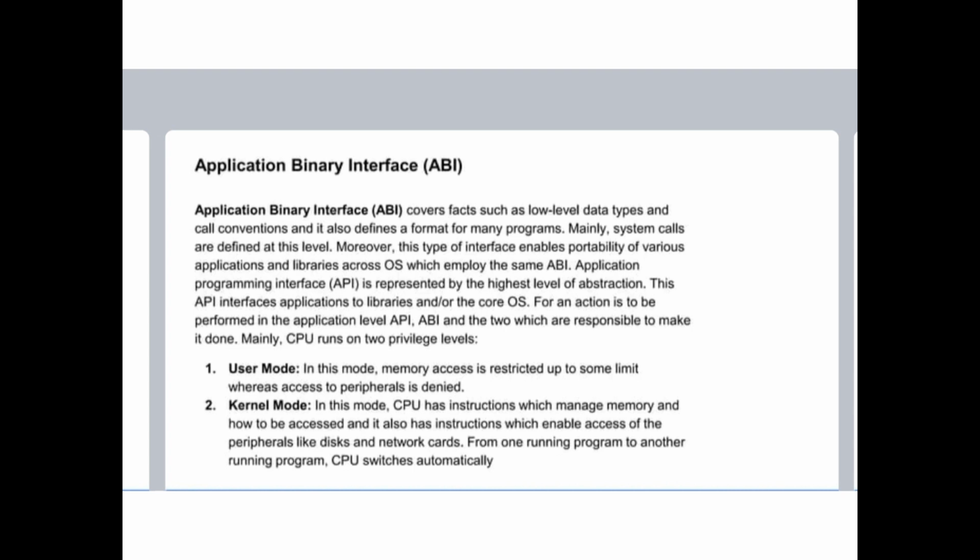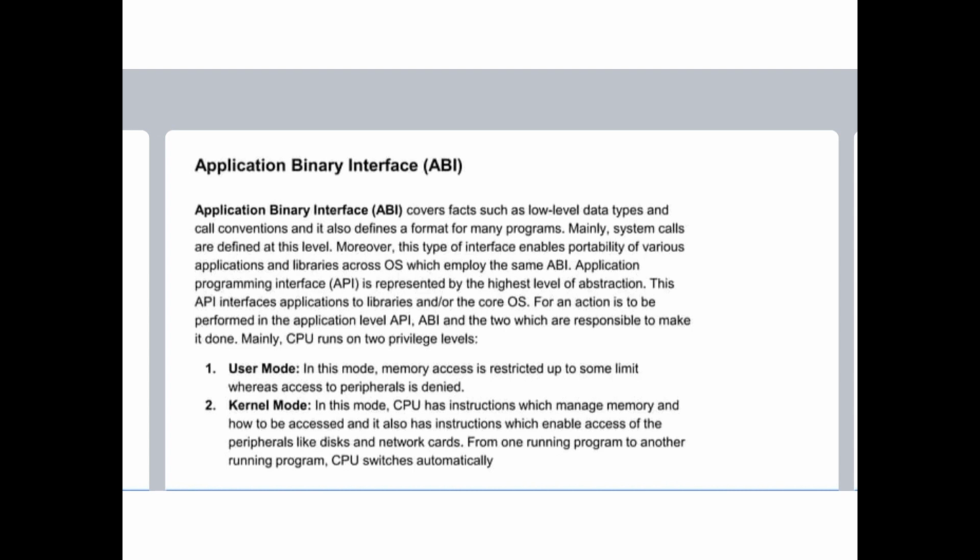It covers facts such as low-level data types and call conventions, and it also defines a format for executable programs. Mainly, system calls are defined at this level.